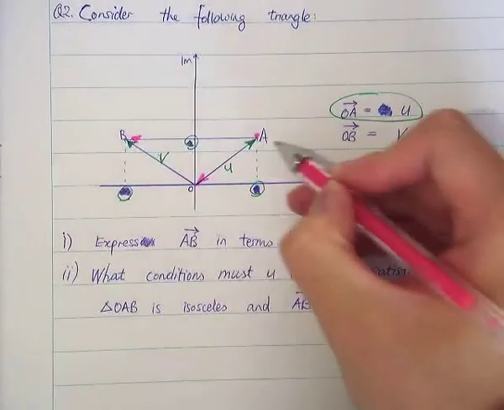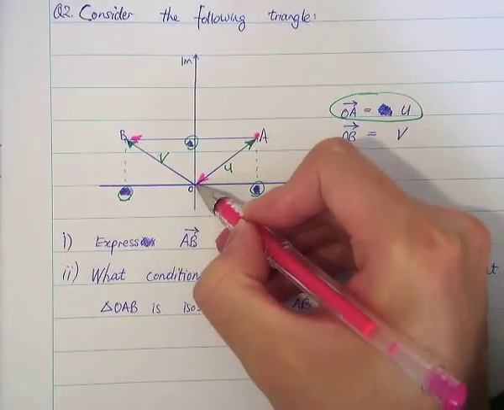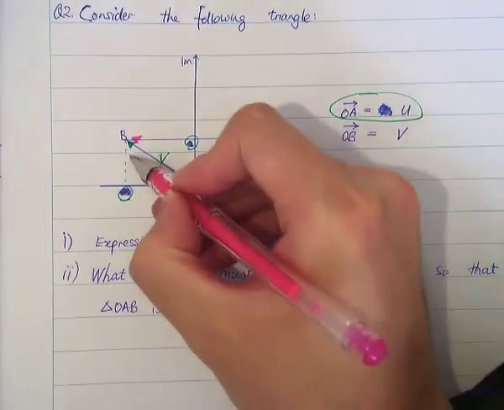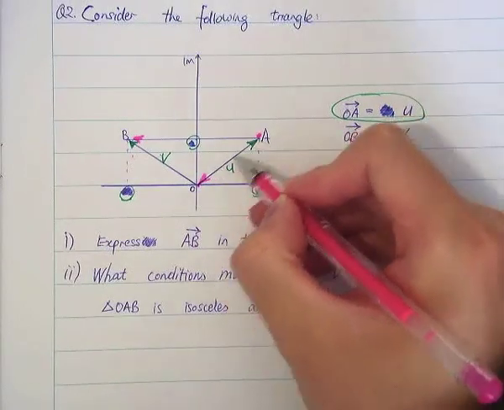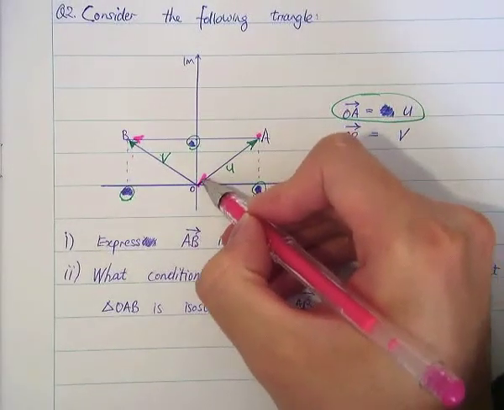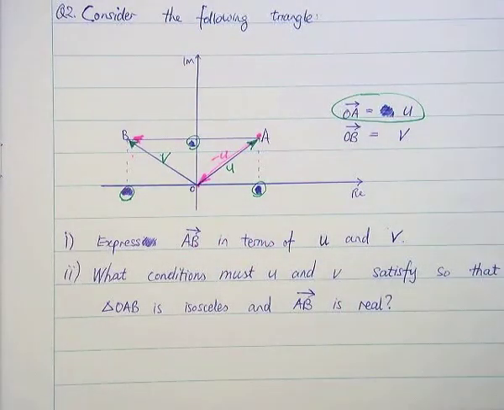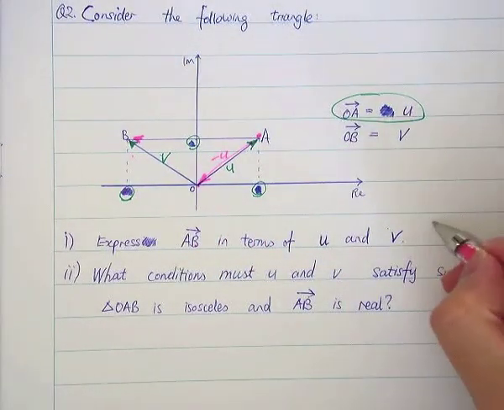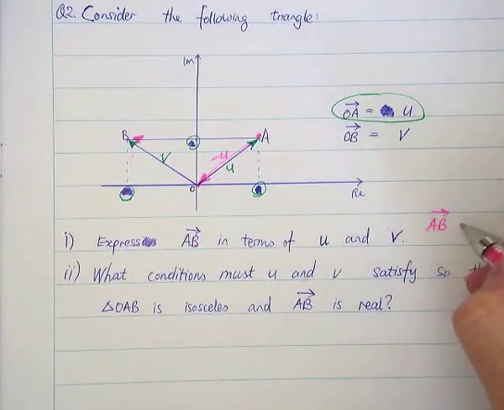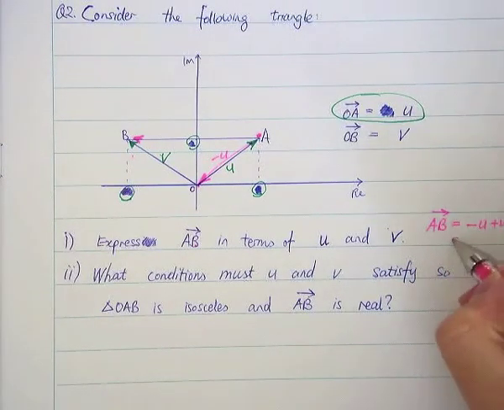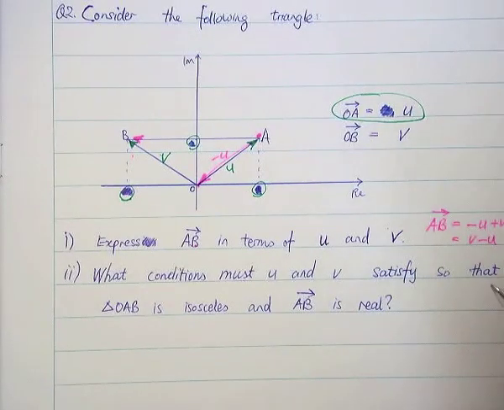What you're really doing is going from here to the origin first, then from the origin to B. So the key here is to be able to reverse this, and this thing is minus u. So the answer to this question will be the vector AB, from A to B, is minus u plus v, or you can say it's v minus u.